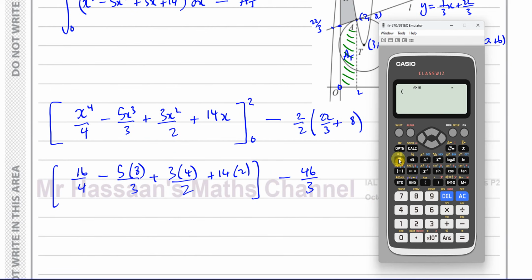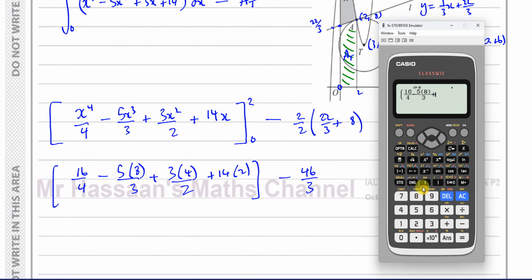So I have 16/4, which is 4. Minus 5 times 8/3, plus 3 times 4 over 2.